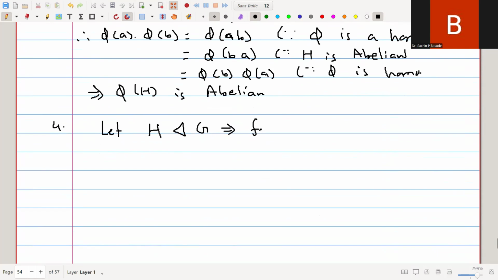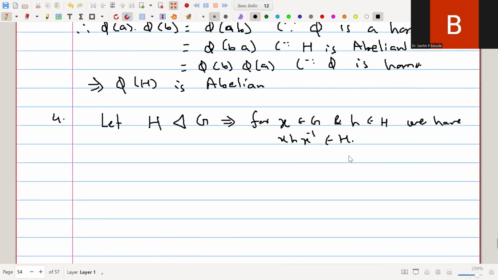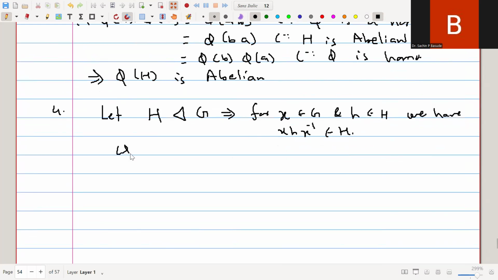This implies for x belonging to G and h belonging to H, we have x h x inverse belongs to H. This is the definition of normal, the criteria. To claim phi of H is a normal subgroup of phi of G, I have to prove this.